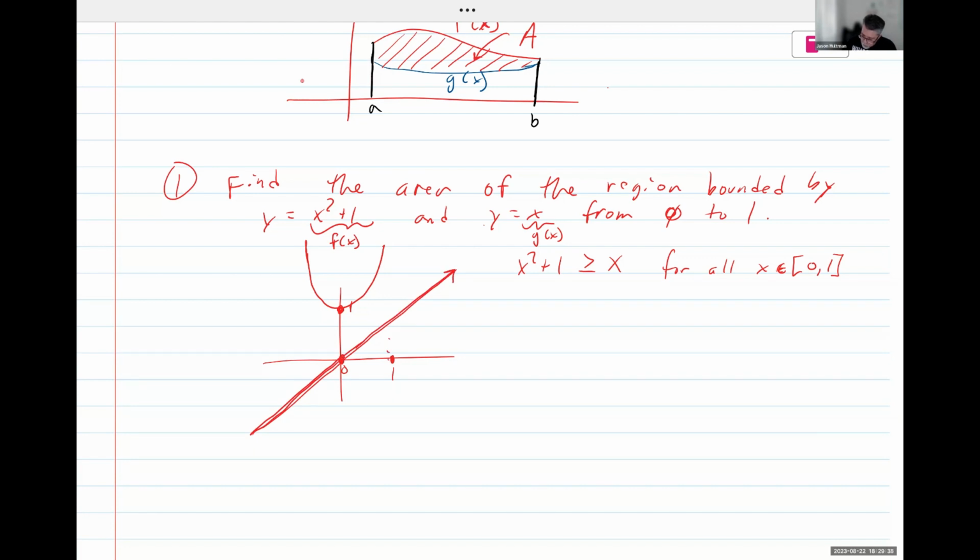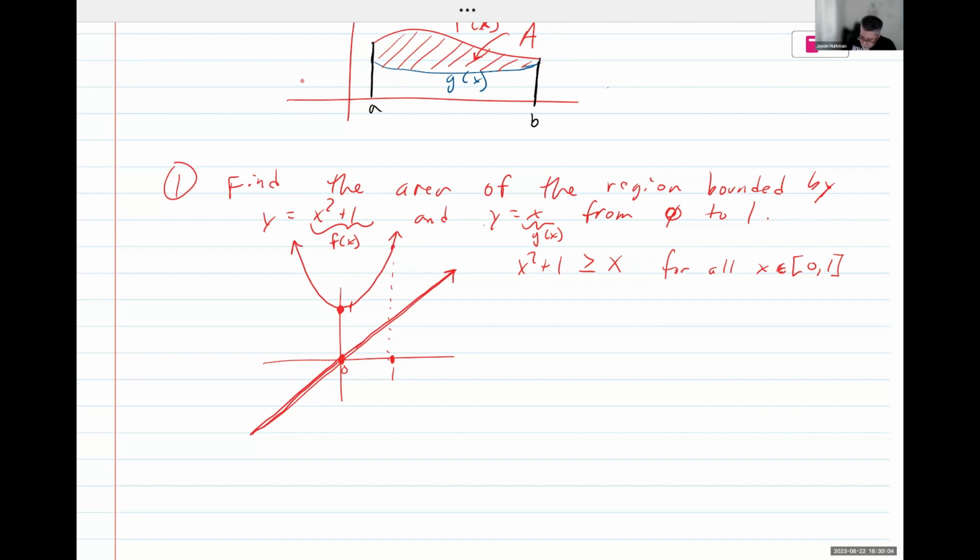From 0 to 1, my parabola didn't go up far enough, that should be at 2. We'll make the parabola a little wider. Okay, there we go.